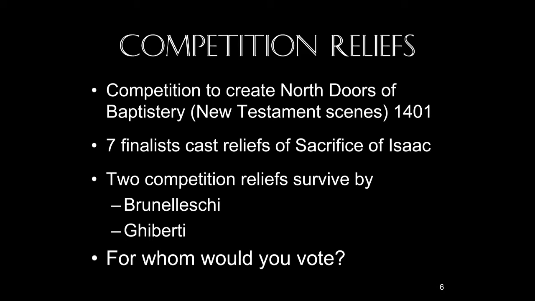Because the figures in these are the same, and you don't actually have to have all of those figures for a sacrifice of Isaac. They have, for example, 2 servants and a donkey, besides the necessary figures of Abraham, Isaac, the angel, and the sacrificial sheep.